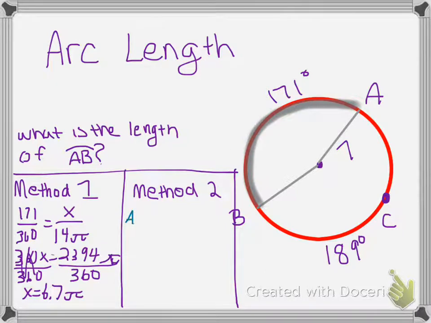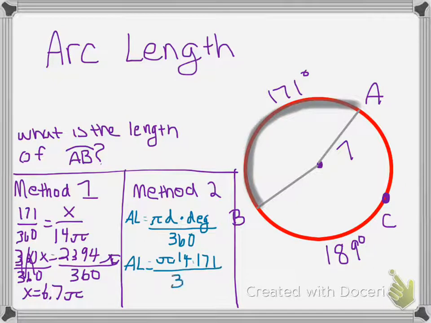Arc length equals the circumference, so pi times diameter, times the degree measure divided by 360. So your arc length is equal to pi times your diameter, which is 14, times your degree measure, which is 171, divided by 360.